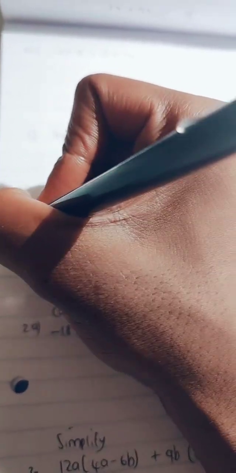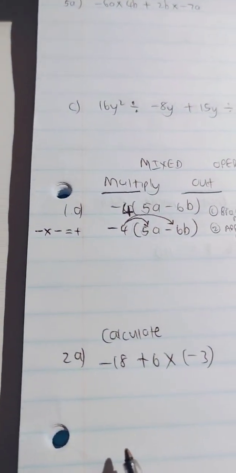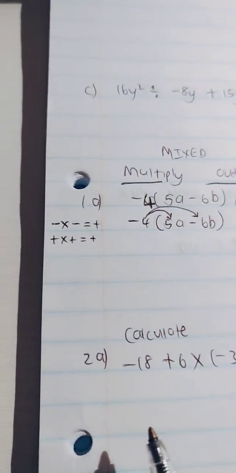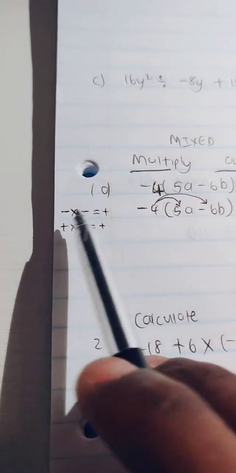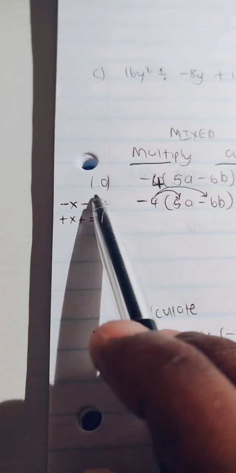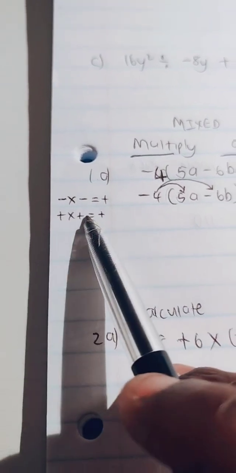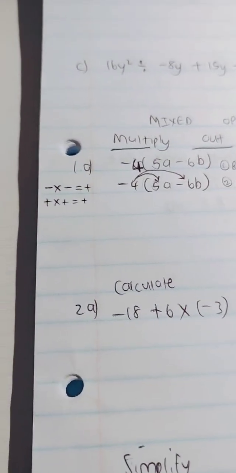Now, before I even jump there, we need to understand, guys, that with the multiplication of signs, a negative times a negative will give us a positive. A positive times a positive will give us a positive. So if we have two same signs multiplied, we get a positive.